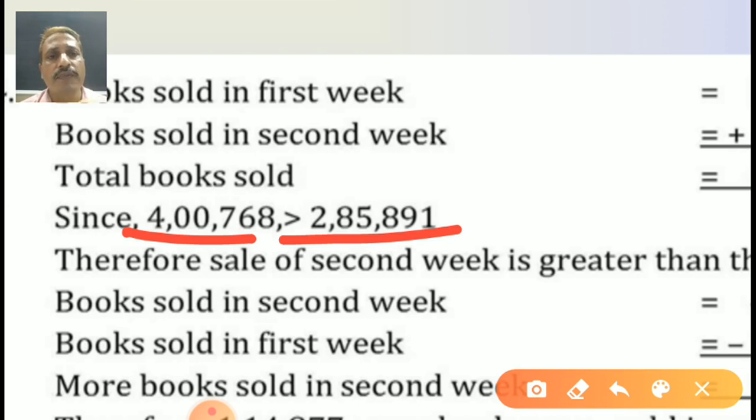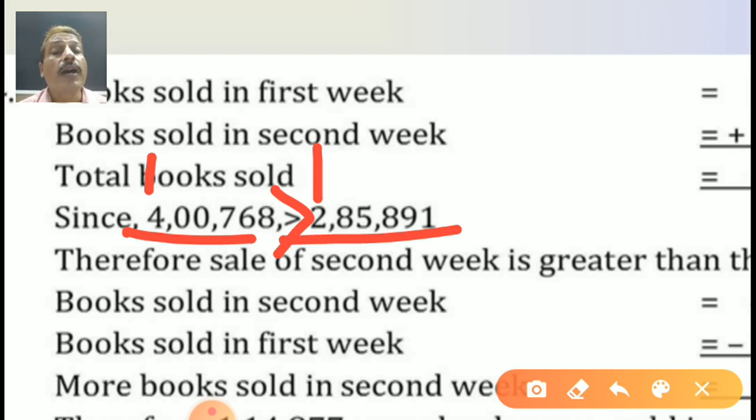Check the first number. Here is 4 and here is 2. Who is bigger? Yes, you are right, my dear students. 4 is bigger than 2. So we can put the greater than sign in this direction. Therefore, the sale of the second week is greater than the sale of the first week, because 4 lakhs were sold in the second week.